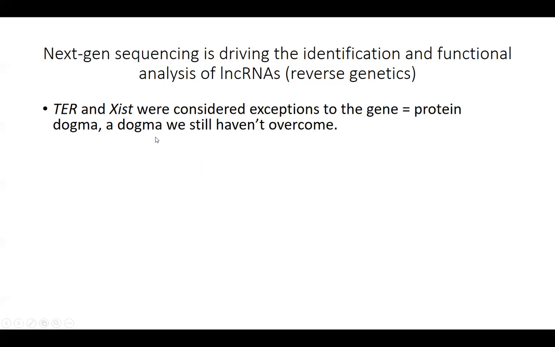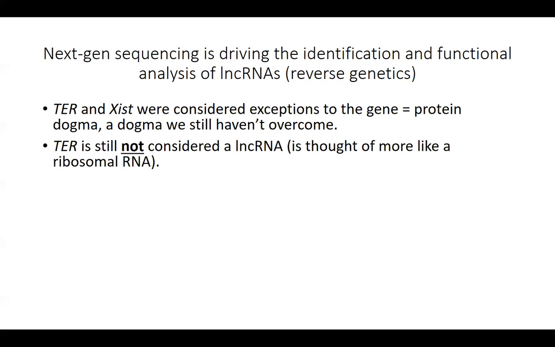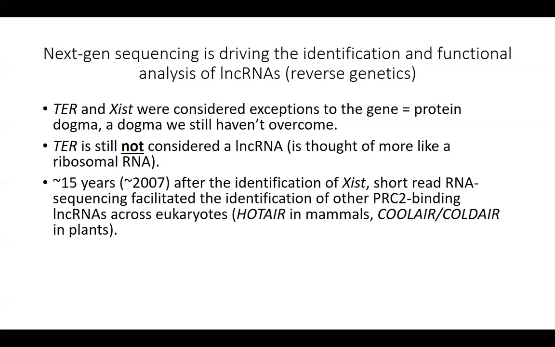So they're considered exceptions in the sense that there's probably not a great deal of this going on. Okay, some people don't even consider our telomerase RNA to be a long non-coding RNA, even though by definition it is long and non-coding. We think about it more like a maintenance RNA, like ribosomal RNA.